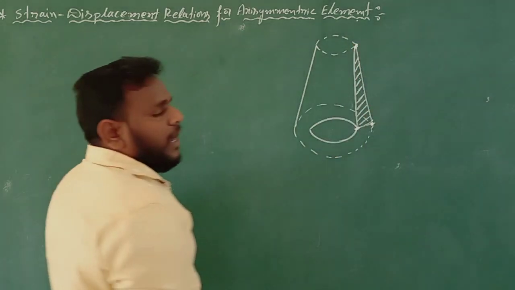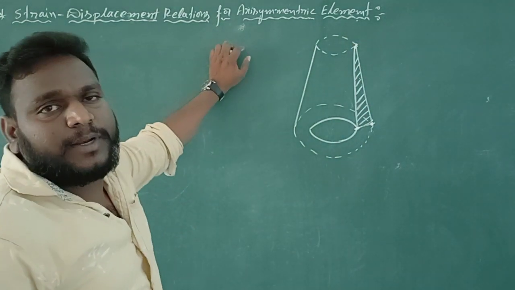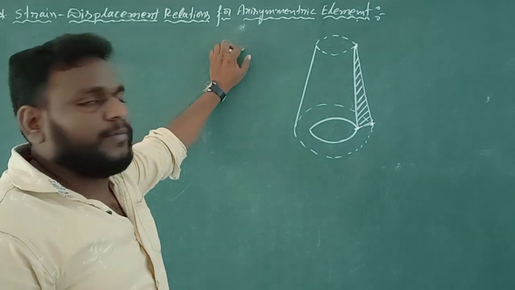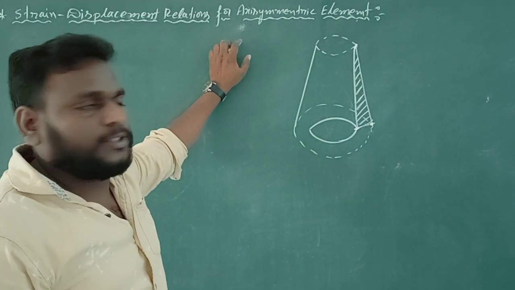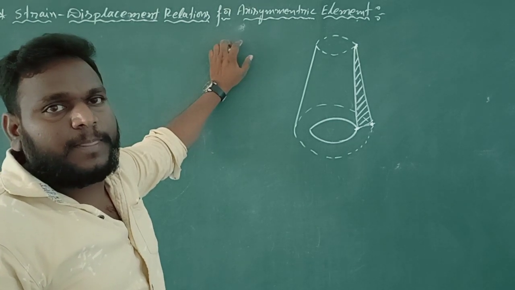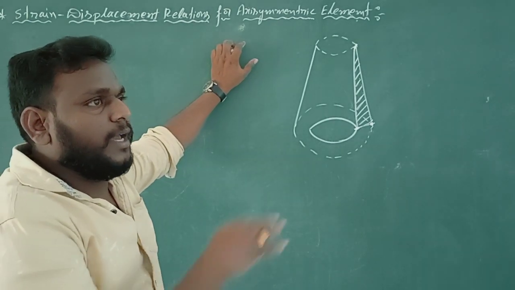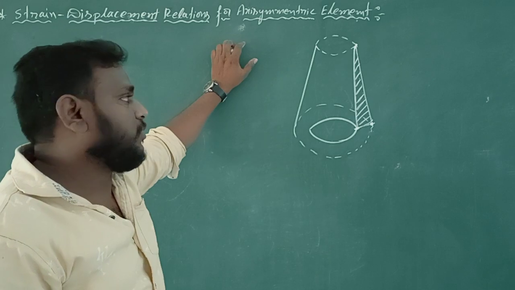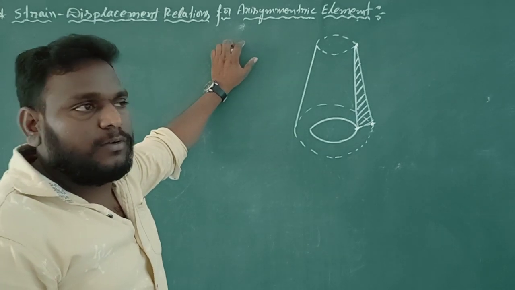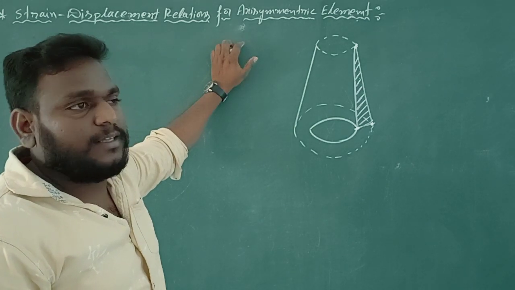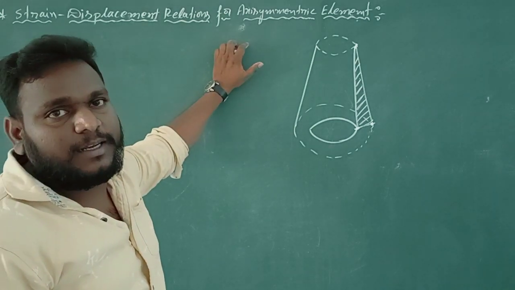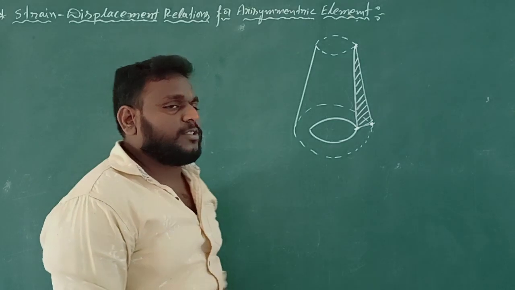Each node has 2 degrees of freedom, because an axisymmetric element is a 2D element. It is a special case. The entire problem analysis is different compared to bars, beams and trusses. It is just like CST, that means constant strain triangle.